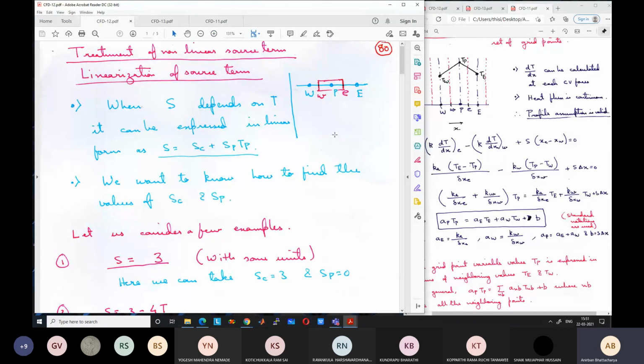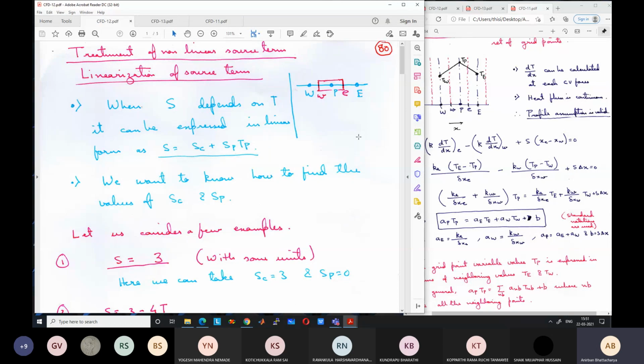So we want to see how to treat nonlinear source terms. This is known as linearization of the source term and is very useful because ultimately when we are writing the code, we are writing it in a way for a very general solution.